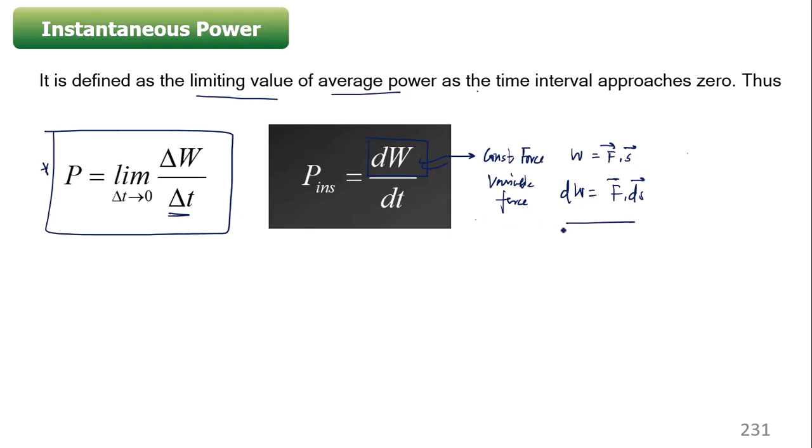Either I can go for the first method or the second method. It depends on the problem. So first I have to calculate F dot S or F dot ds depending on the situation, and then I have to calculate the instantaneous power.